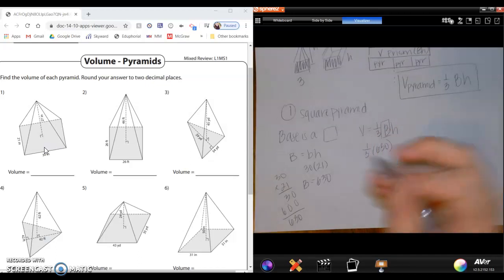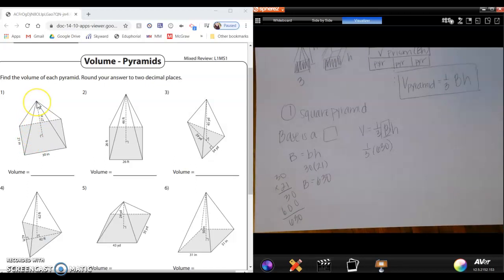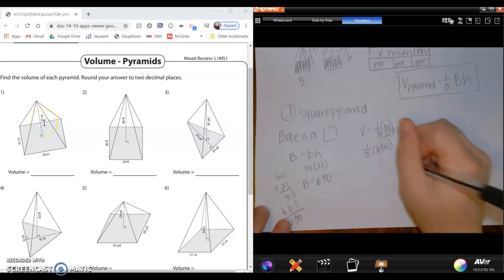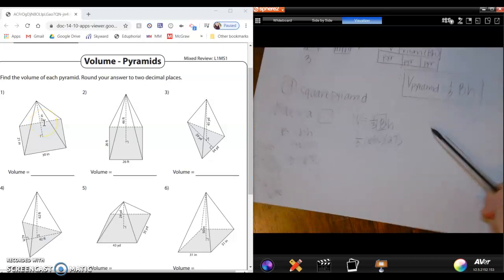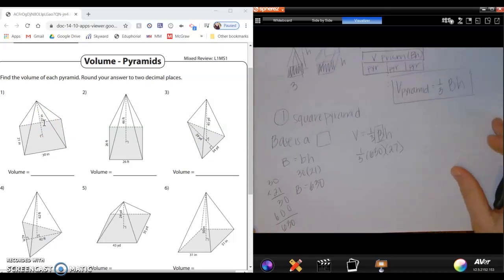And then now the height. The height of our pyramid is the distance from the vertex point, the very tip-top point, all the way to the base, and it has to go at a 90-degree angle. I notice that distance is 27. Now we're just multiplying all these numbers. I know I'm going to have to take 1/3 of one of these 2 numbers, and 1/3 is the same thing as dividing into 3 parts.